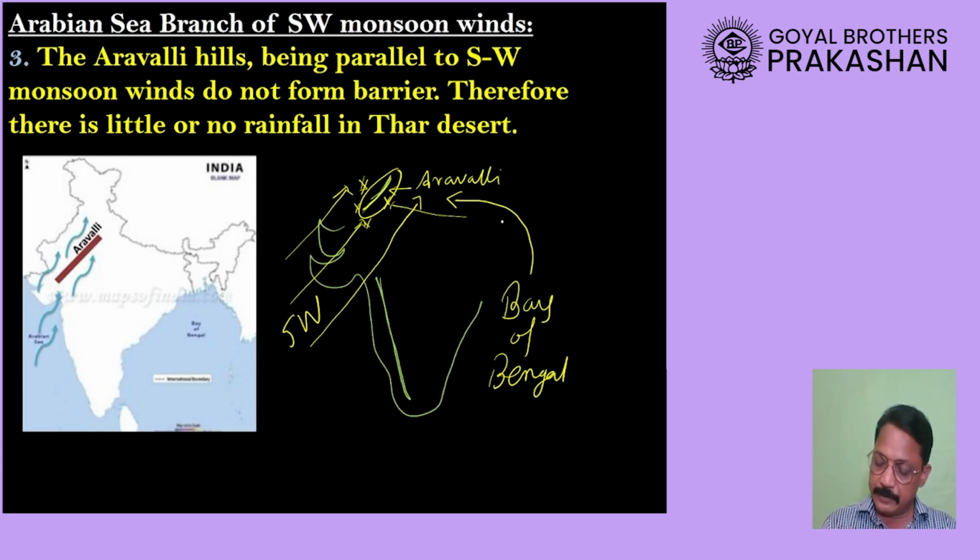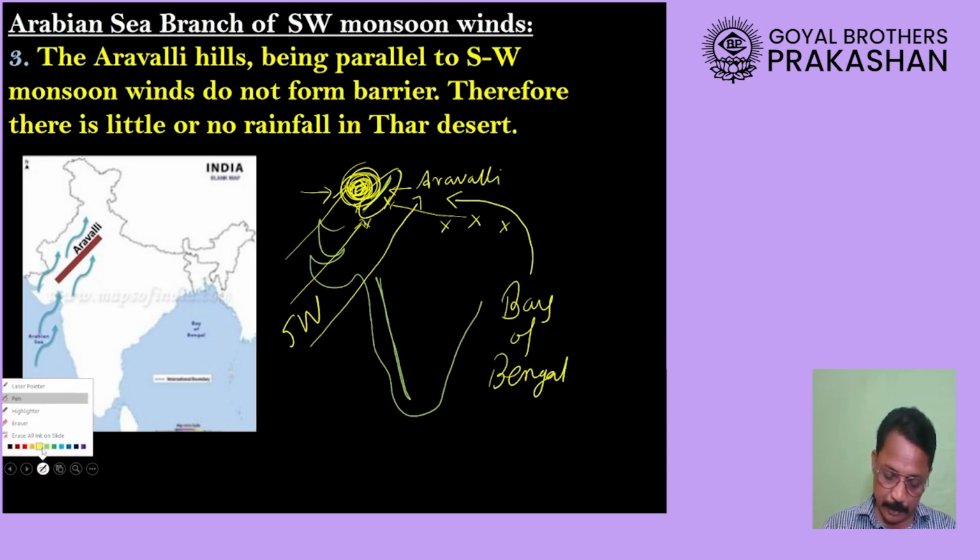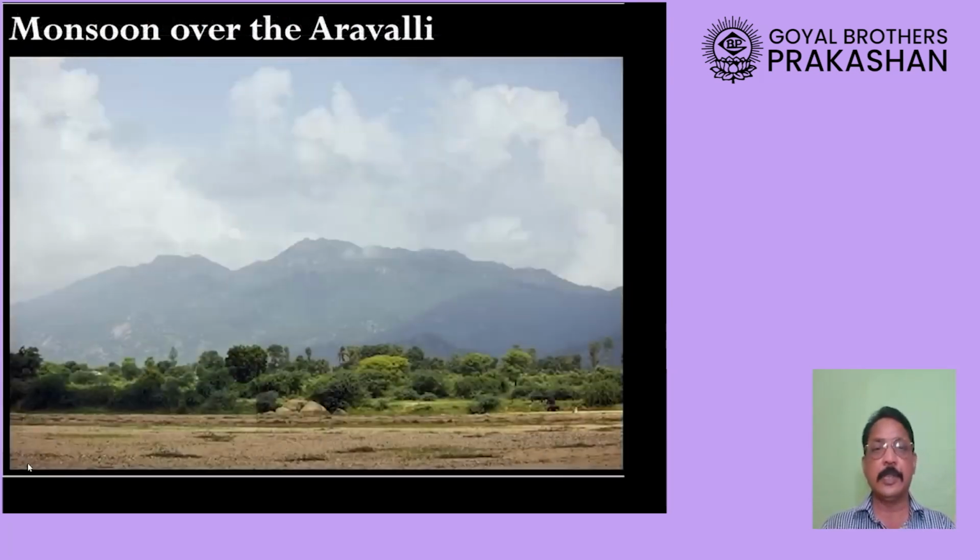Second thing, these winds will start shedding moisture on the way. So by the time they reach the western side of this Aravalli mountain, hardly any moisture will be left in them, and that is why here will be the formation of the Indian desert known as the Thar desert.